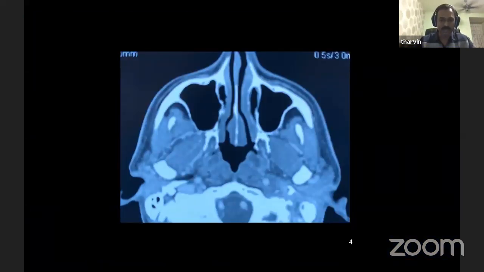So let's start with a scan. The pterygopalatine region will be this region here. This will be the pterygoid plates, that's the posterior wall of the maxilla, the medial pterygoid, the lateral pterygoid. Here you can see the lateral pterygoid muscle, the medial pterygoid muscle, and that's the temporalis muscle. This will be the pterygopalatine fossa, and this will be the infratemporal fossa.